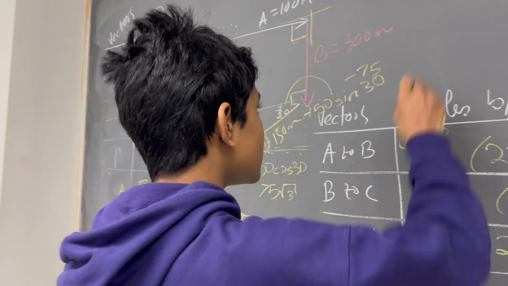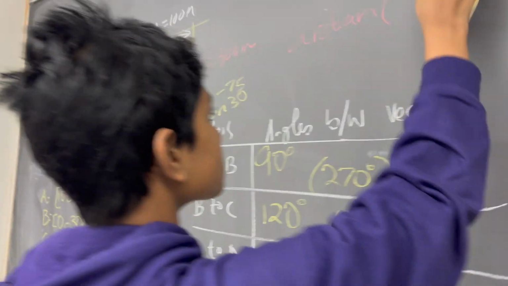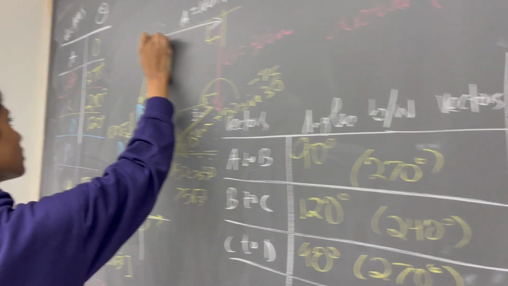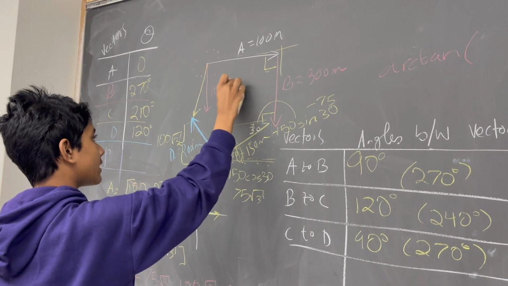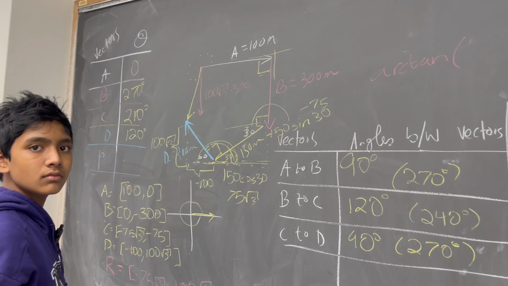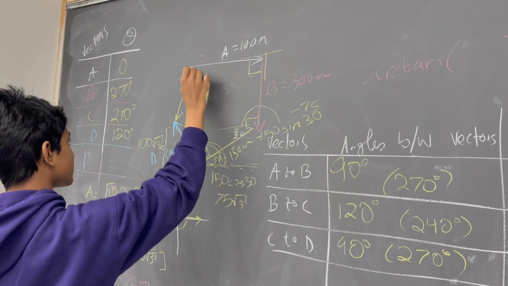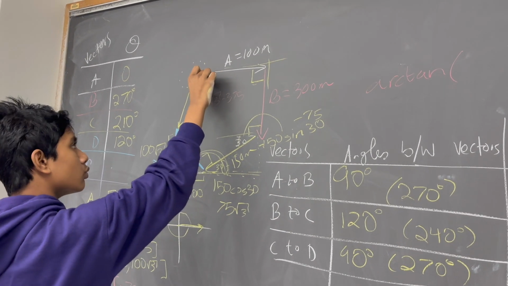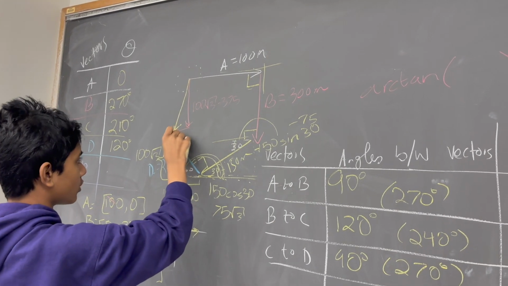Now, all we have to do is just take arctan of, well, this is clearly the bigger component, 100 root 3 minus 375. That's negative 202. But we don't need that for the arctan.